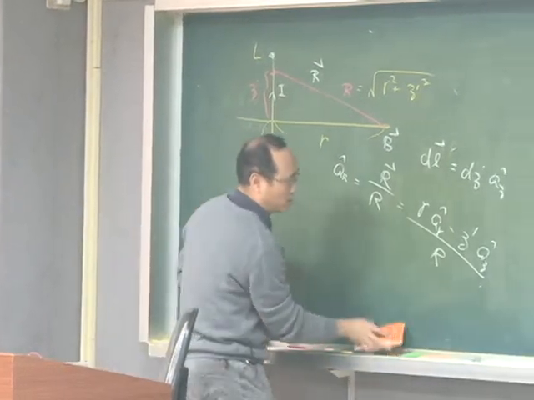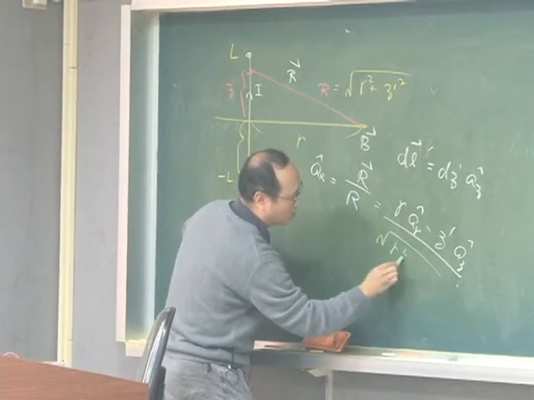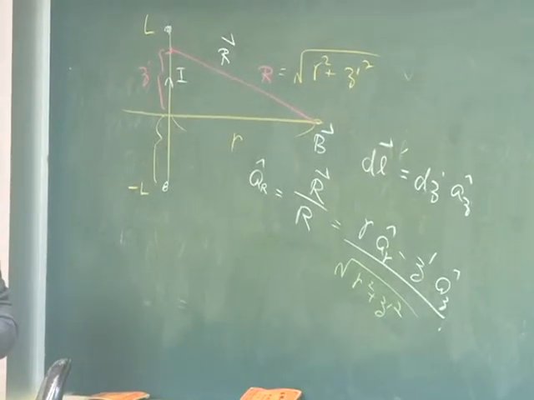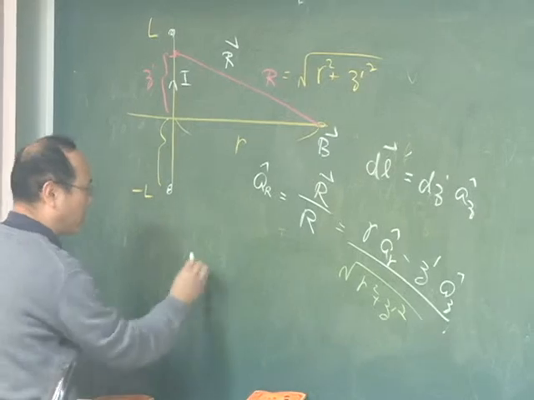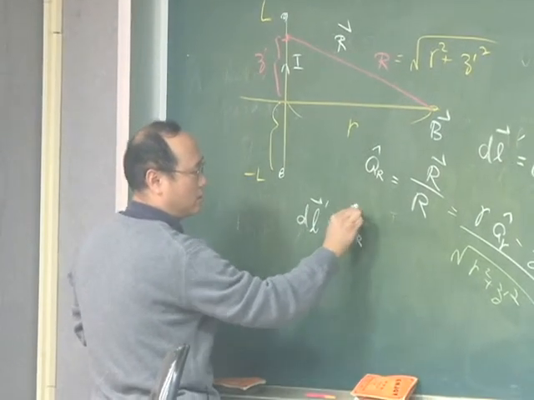So here you can directly substitute it, the square root of r squared plus z prime squared. And then you have to calculate dl prime cross with a R.